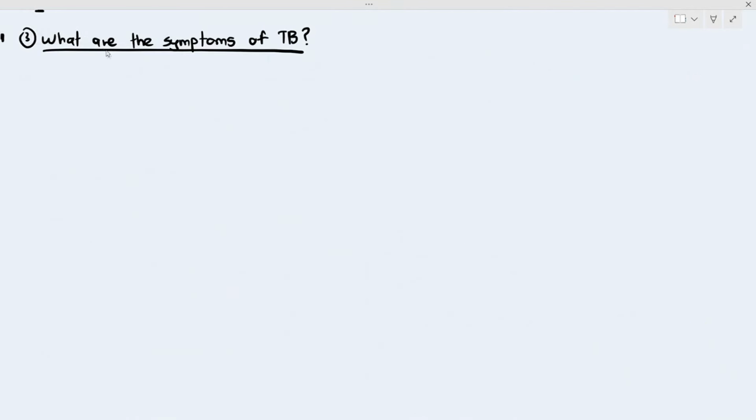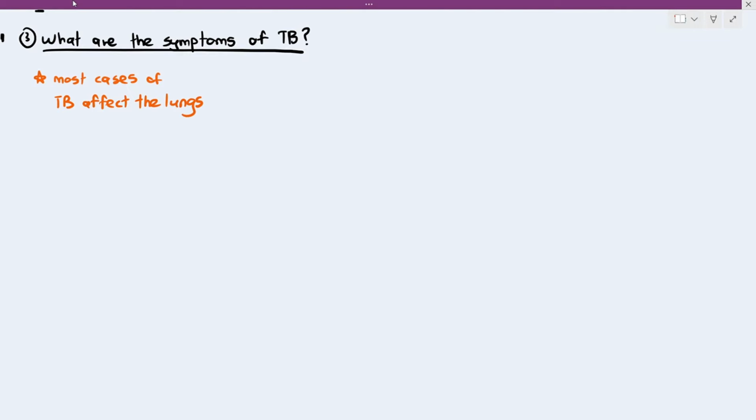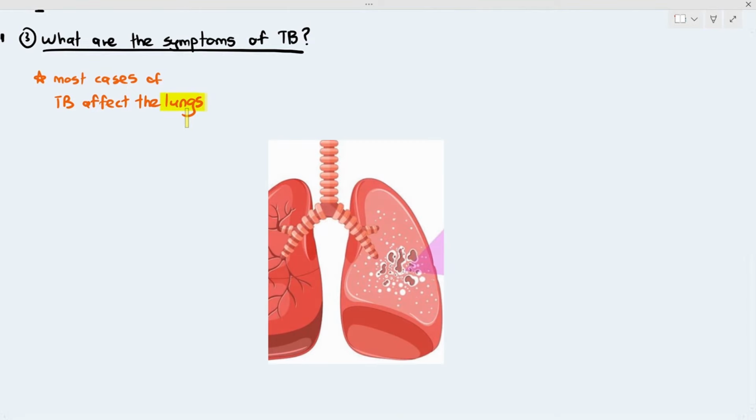Now, the symptoms of TB, as I've mentioned earlier, most cases of tuberculosis affect the lung. There are cases of TB where it can affect your liver or even your bones, your spine for that matter, but we are going to focus more on the lungs. When it affects the lungs, it causes the lungs to start having these things known as tubercles. You don't have to memorize this.